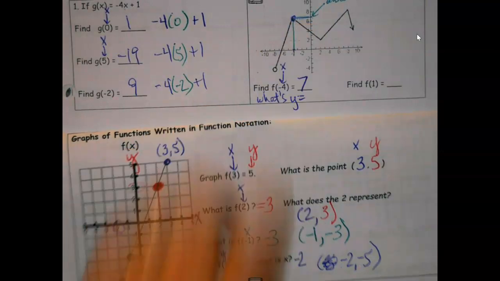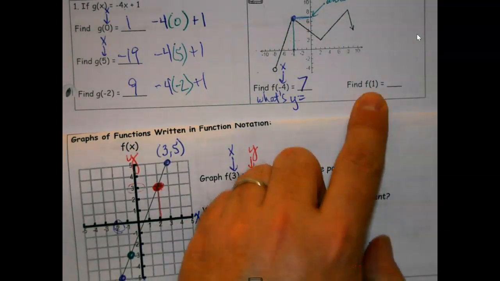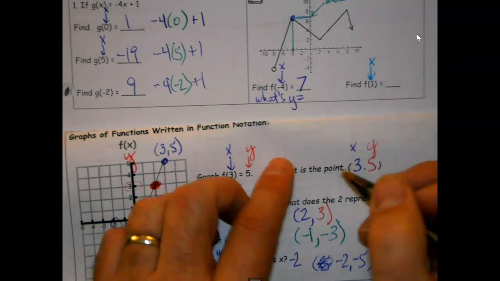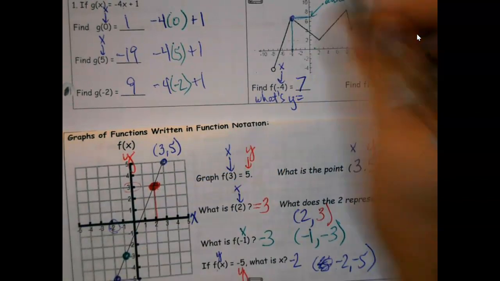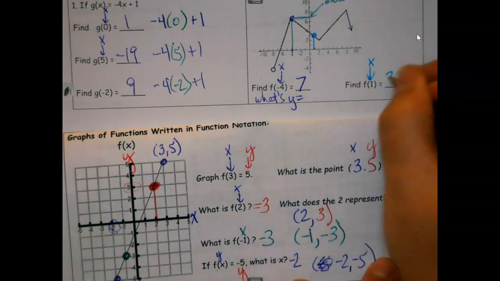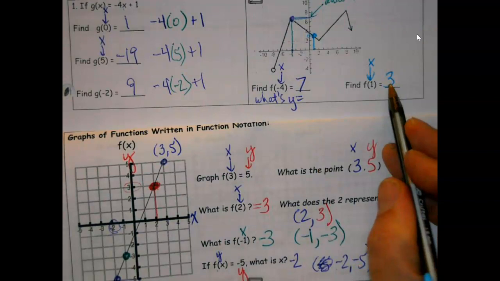We're following it back to figure out that value. And so I'm going to do the same thing for 1. I'm going to go to where x is 1. Okay, x is 1 right here. Follow it to the graph. What's the y value? When I get there, if I go back to the y-axis, the y value is right here at 3.